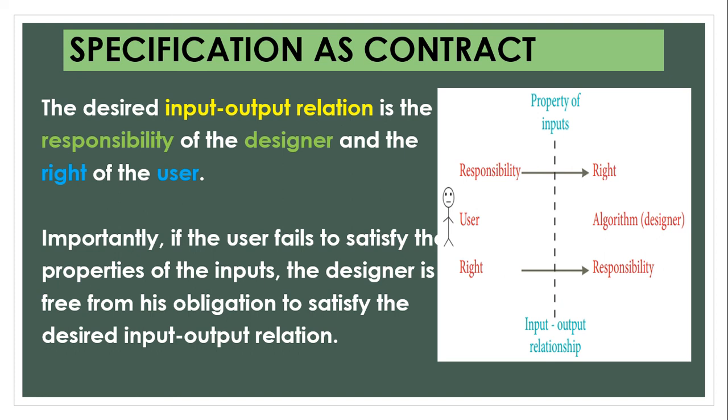Okay? So if we want to solve a problem with an algorithm, we have to write an algorithm, and in that the specification is very, very important. So only if the user gives the correct properties of the input will the designer create a relation between the input and output. The designer will think about which relation will get the desired output. So if you are not giving the proper property of the input, they are not able to give the correct solution for the problem. They will not be able to give our expected solutions.